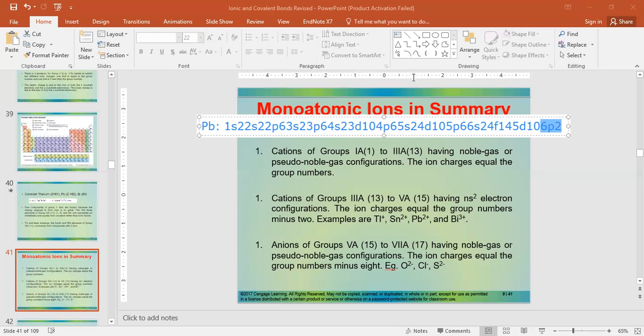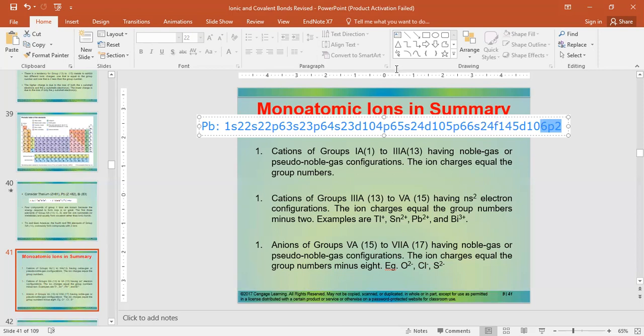Yes. When the lead is losing the electrons, let's say when it's losing the 4 electrons, it will stay with an outermost electron configuration of d10. That is correct. So I don't understand how the lead 4 plus won't be stable. Very good. There's something we call the inert effect. The inert effect says that when you have already lost these 2 electrons, remember the first electrons to be lost are these ones.